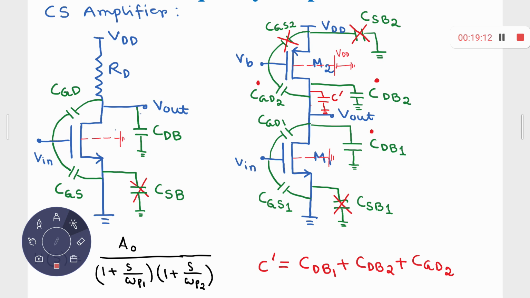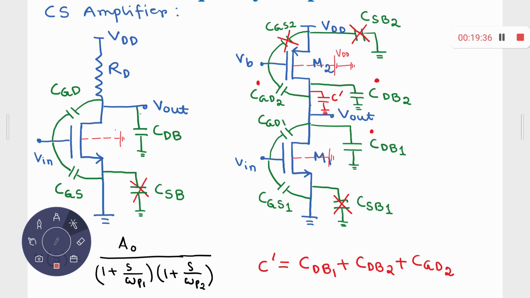So what is the effective capacitor connected between D1 and ground? This is nothing but close to CGD1, right? If A is large, then you can consider A inverse to be very small. For common source, A is negative. So A is large, and A inverse can be considered almost equal to 0.